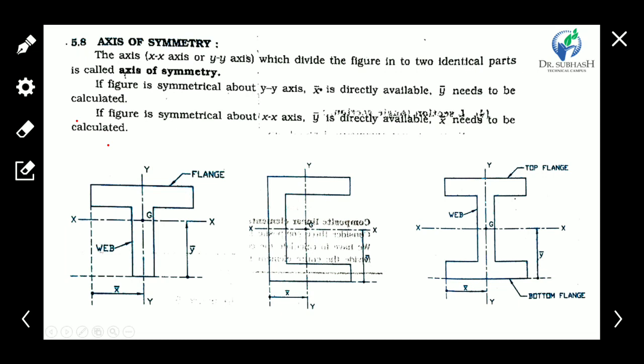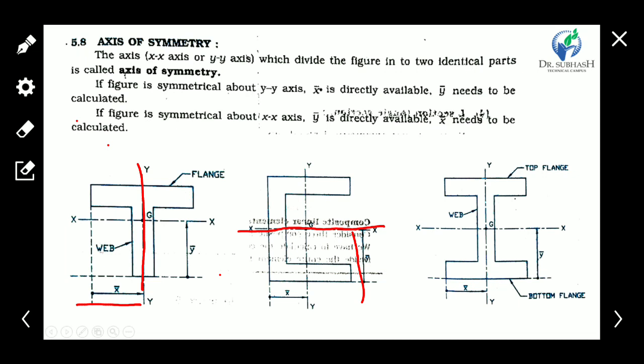For that we have two examples here. The T is symmetrical about the y axis, so we directly have the x bar available, but we have to calculate the y bar. And here the geometry is symmetric about the x axis, so we directly get the y bar, but we have to find out the x bar.